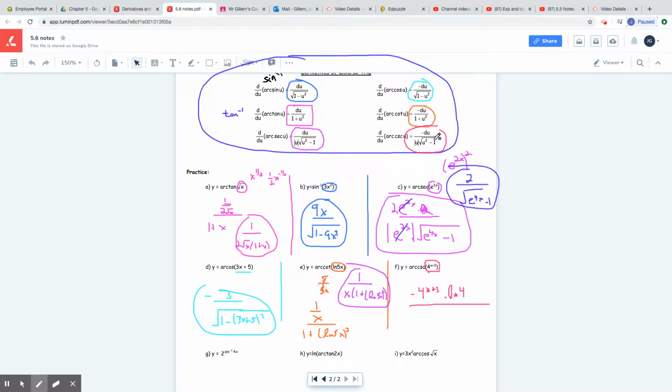Over the absolute value of u, which is 4 to the x plus 3, square root of u squared, which is going to be 4 to the x plus 3, and we're just going to square that, and then minus 1.